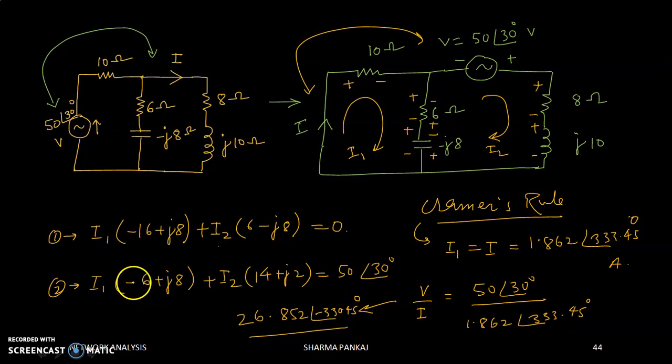Hence what we have seen is that the V by I ratio remains same, and the reciprocity theorem is verified.